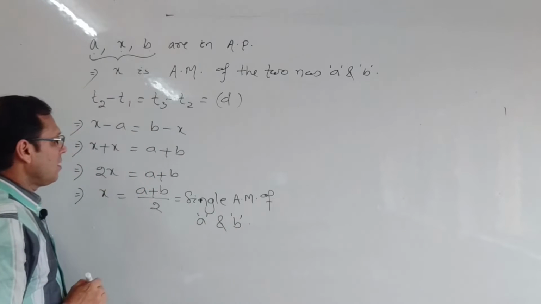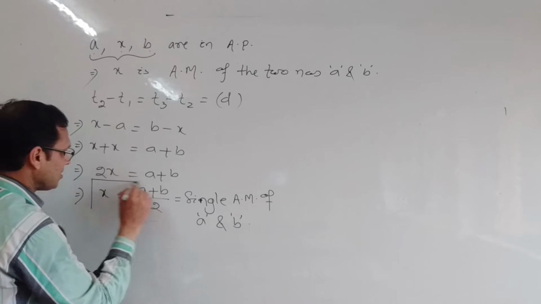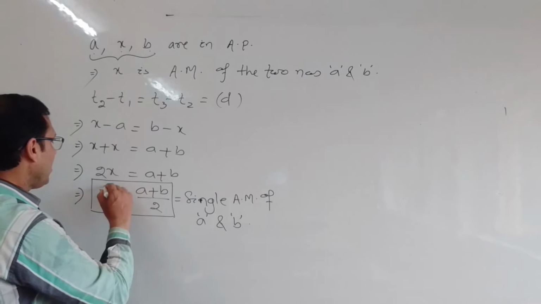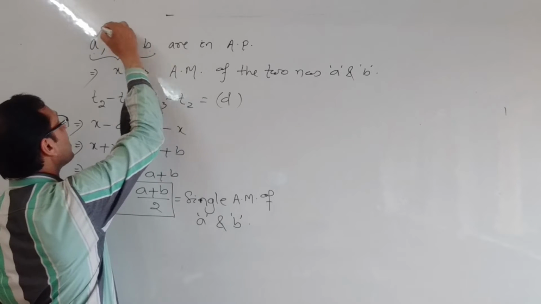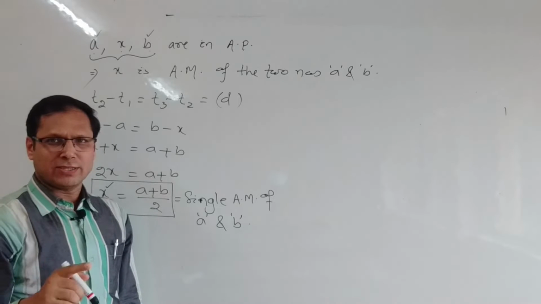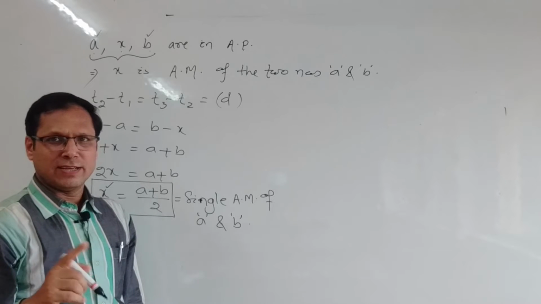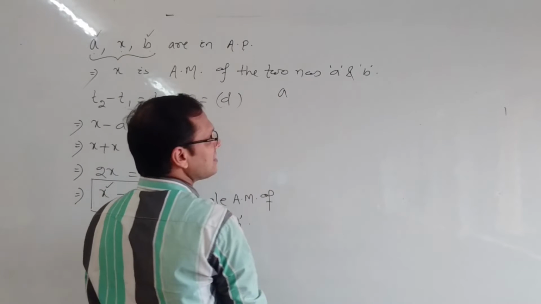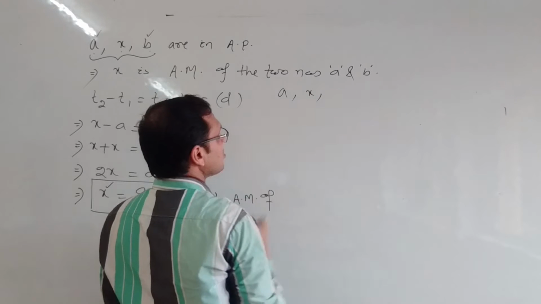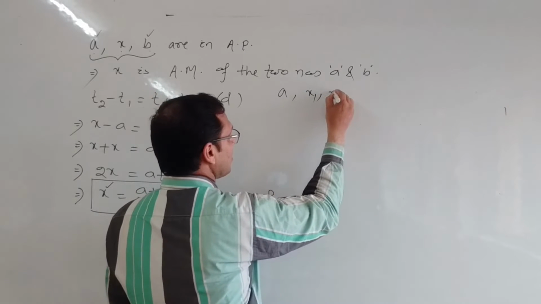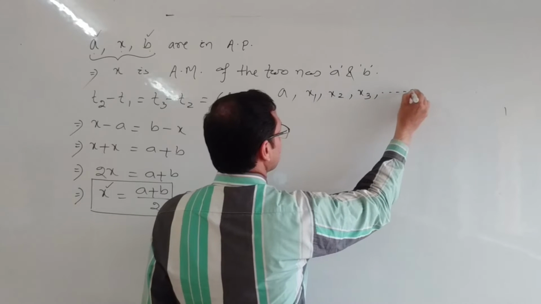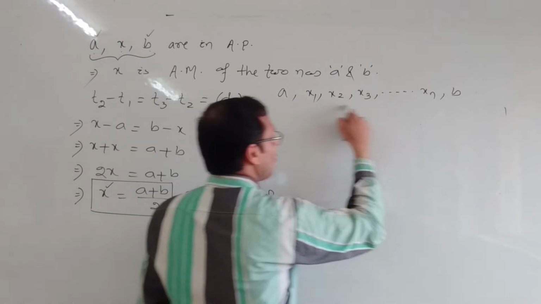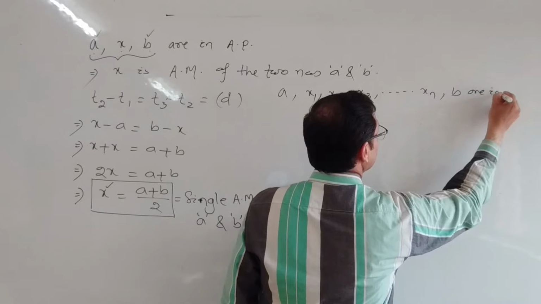Now with the help of this relation, that is x is equal to (a plus b) by 2, you can find the arithmetic mean of the two numbers a and b. Suppose you are asked to insert n arithmetic means in between the two numbers a and b. Then what will we do? So a is here, and suppose the n arithmetic means are x1, x2, x3 up to xn, and b is here. So they are all in AP.